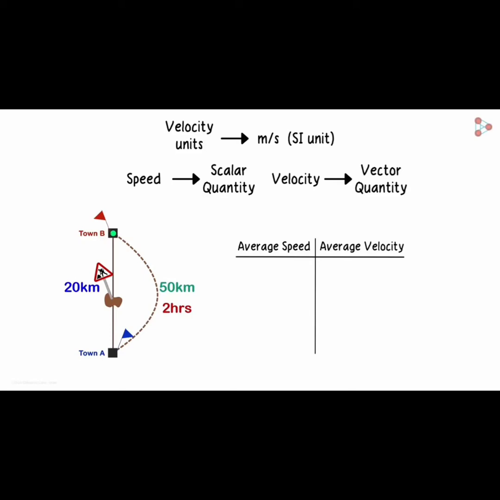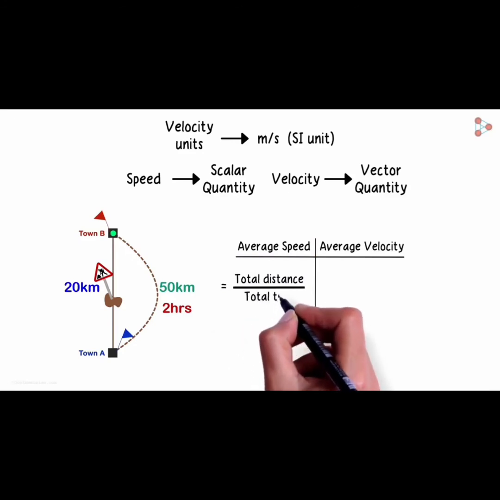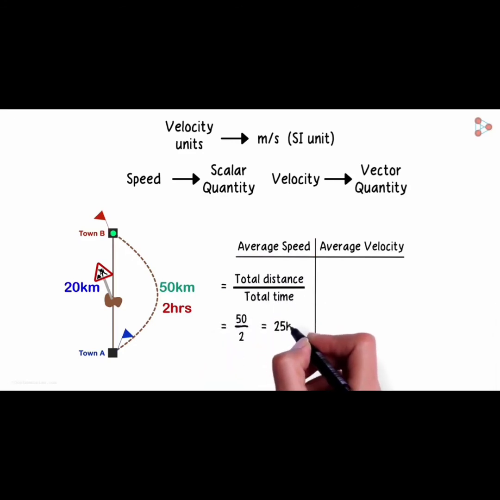Do you remember how we calculated average speed? Yes, it is the total distance covered over the total time taken. So 50 over 2 will give us 25 kilometers per hour as the average speed. Now what will be the average velocity here? The average velocity depends only on the start and end points regardless of path taken.